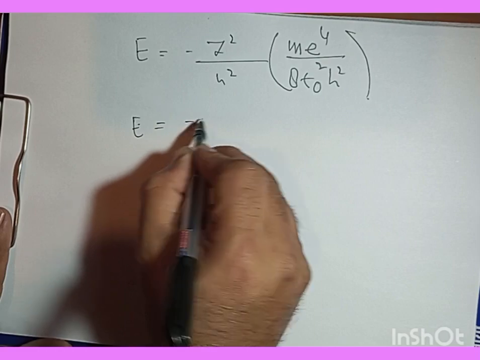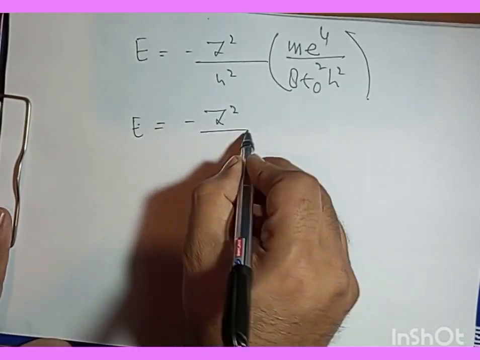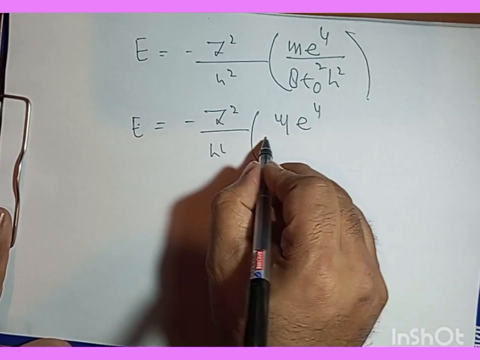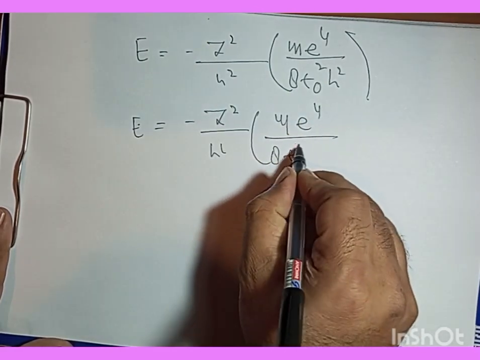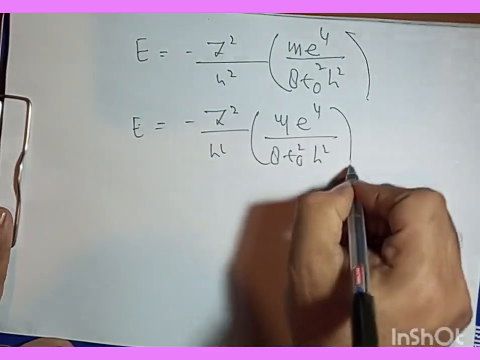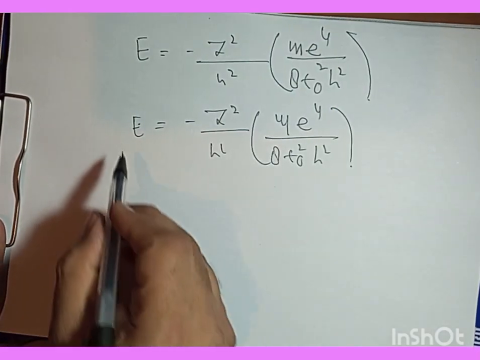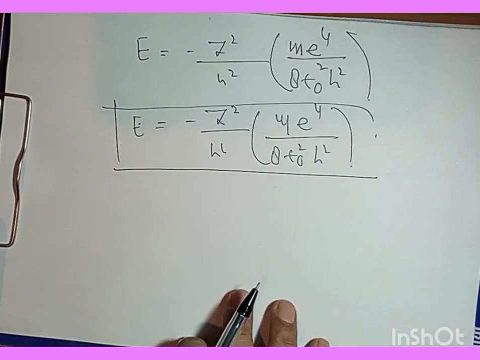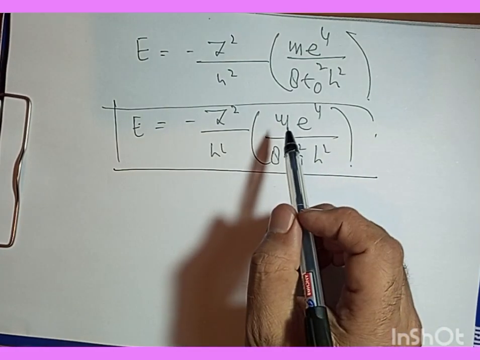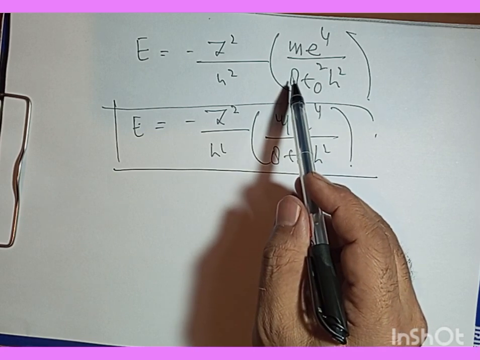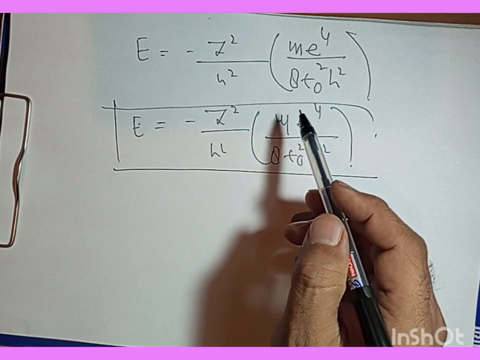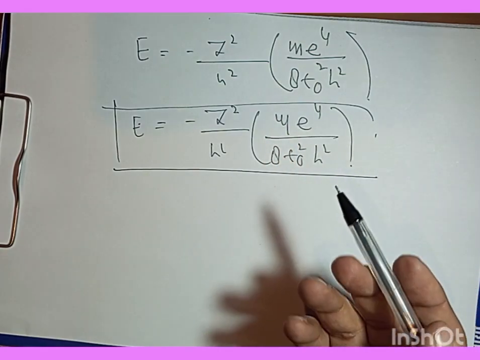So E is going to be minus z square by n square times mu e to the power of 4 by 8 epsilon naught square h square. This is the modified energy of the system, in which we have replaced the mass of the electron by the reduced mass of the system of electron and proton.